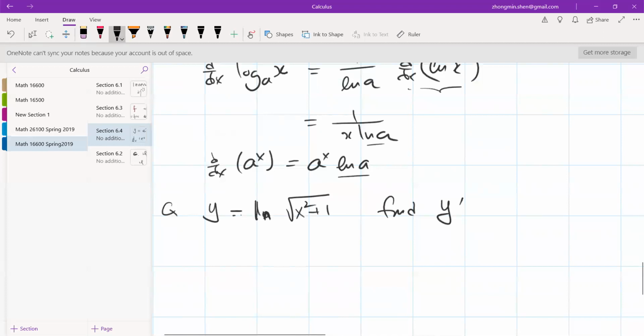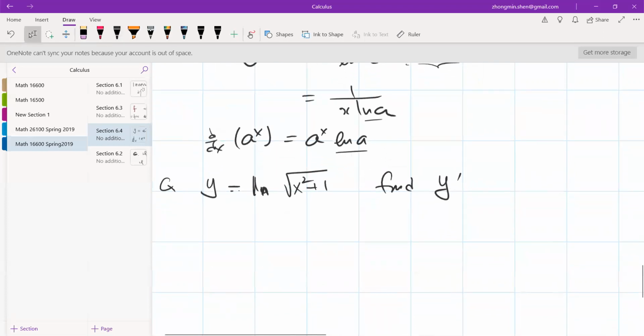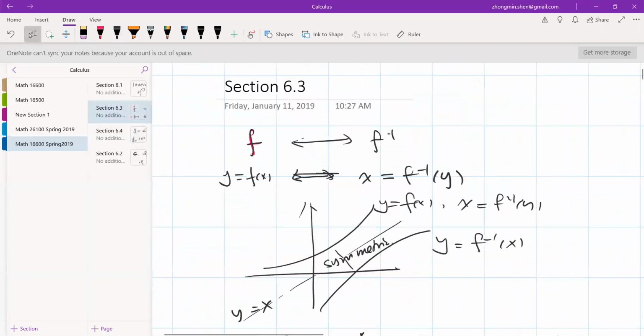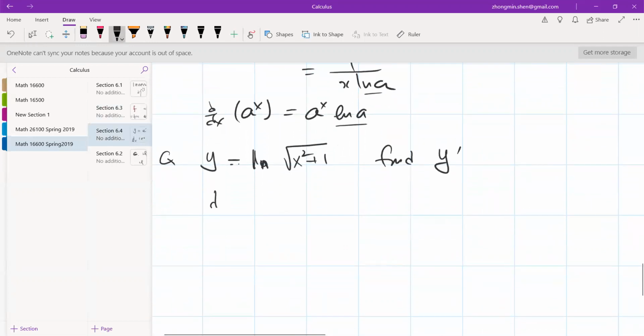Now, what is the best way to find the derivative? Well, you can say I'm going to use the chain rule, and I will show you one way to do it. But I'm not going to stop there because it's kind of difficult. The derivative of the natural log of something, that something goes to the denominator.